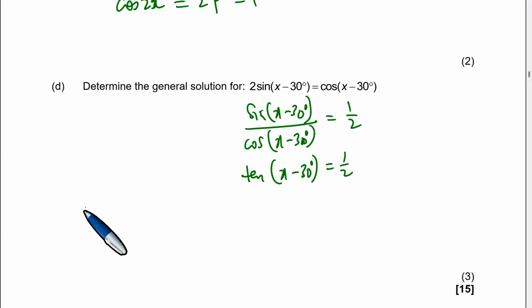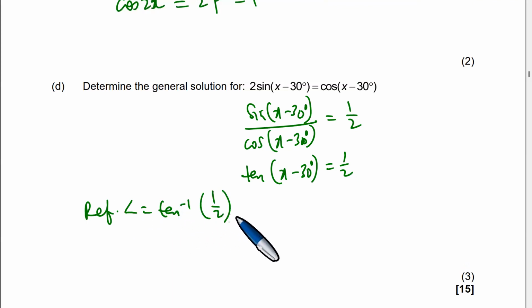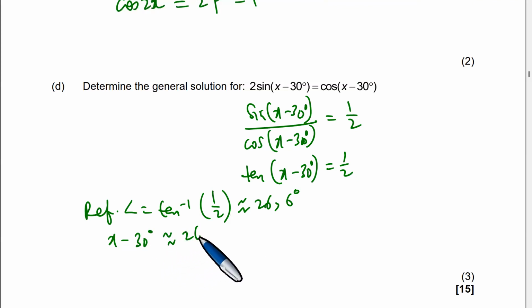Then you get the reference angle here. Your reference angle is the same as arctan of 1/2, which is 26.6 degrees. So x minus 30 is 26.6 degrees plus k times 180.